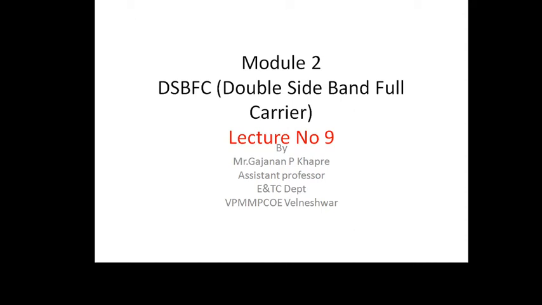As well as that, we look at the high level and low level double sideband full carrier, that is, the high level transmitter and low level transmitter, meaning the modulator. So let us begin with DSB.